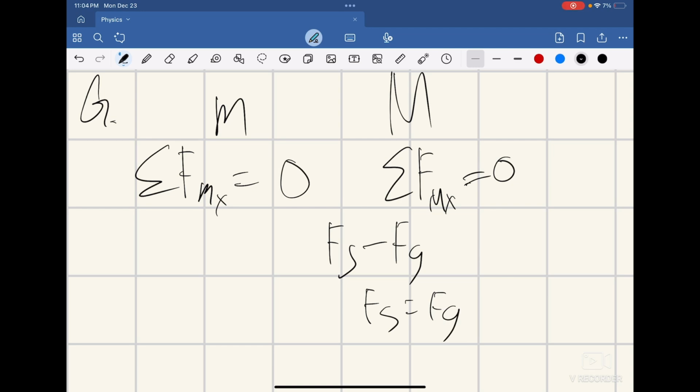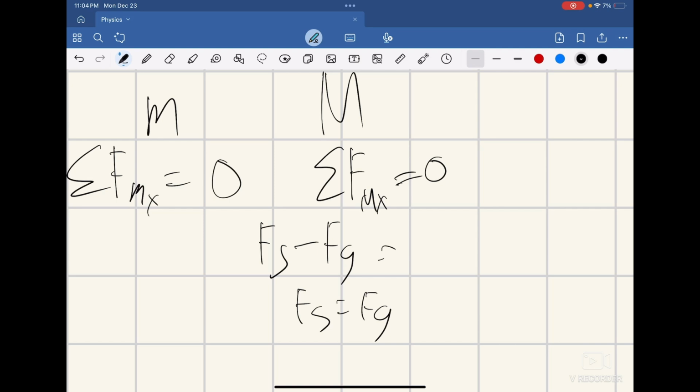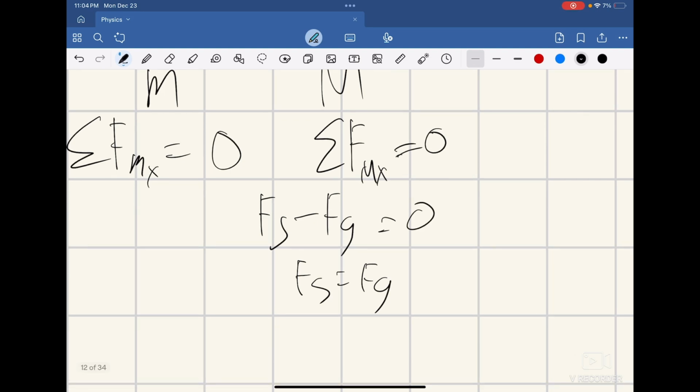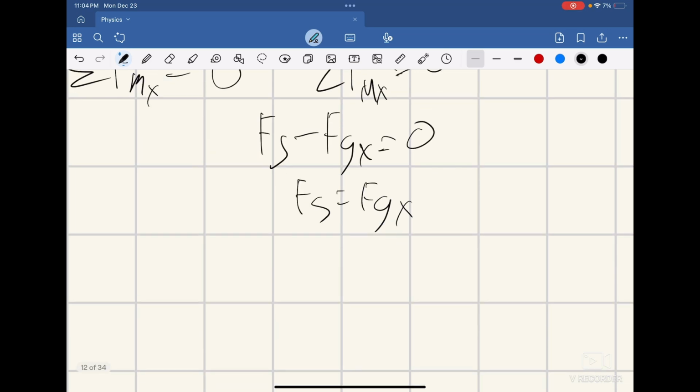It doesn't matter which one's negative, because it's equal to 0. So F_gx, can't forget about that. F_s is given by F_gx, which is equal to mass times gravity times sine theta, and here it should be big M, right?